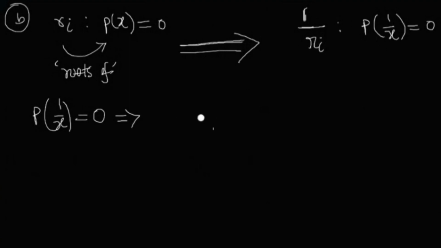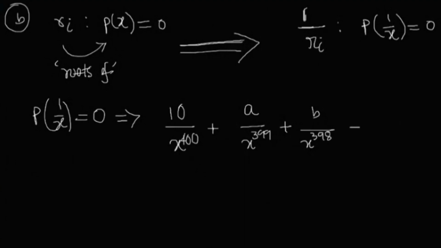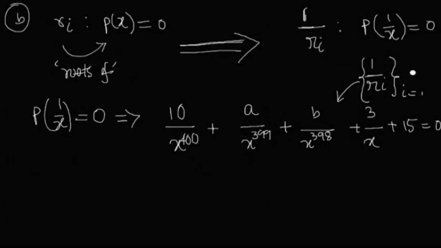From here, you can say that it's something like 10/x^400 + a/x^399 + b/x^398 + 3/x + 15 = 0. So the roots of this equation are 1/Ri, the sequence of the roots for i from 1 to 400.